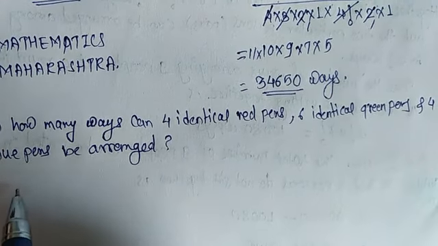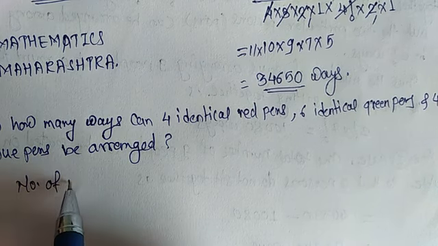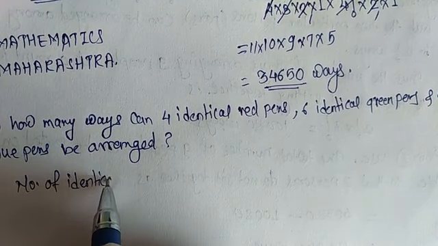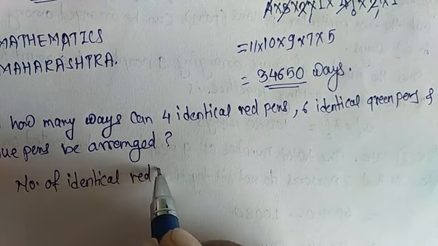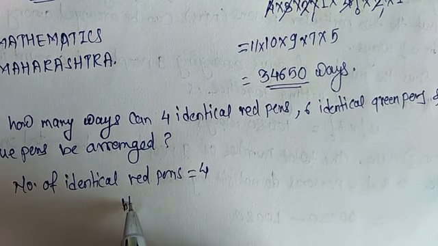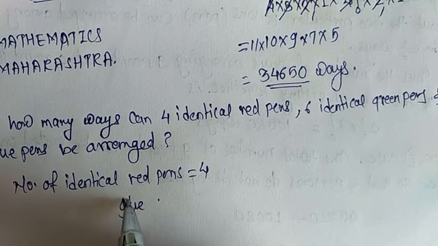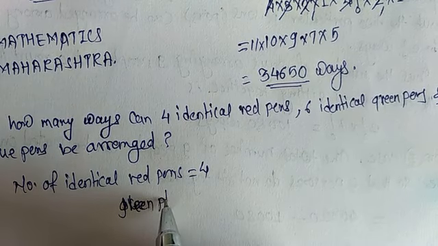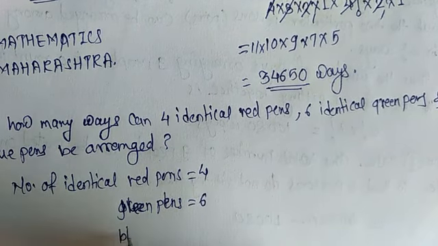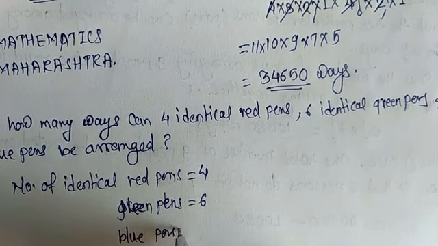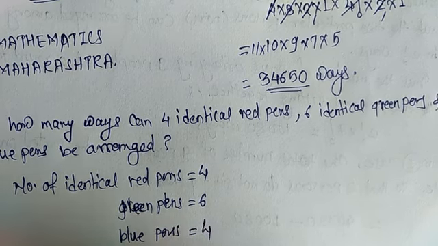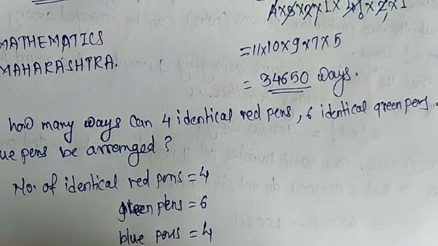So the number of identical red pens is equal to 4, green pens is equal to 6, and blue pens are 4. So the total n is 14.